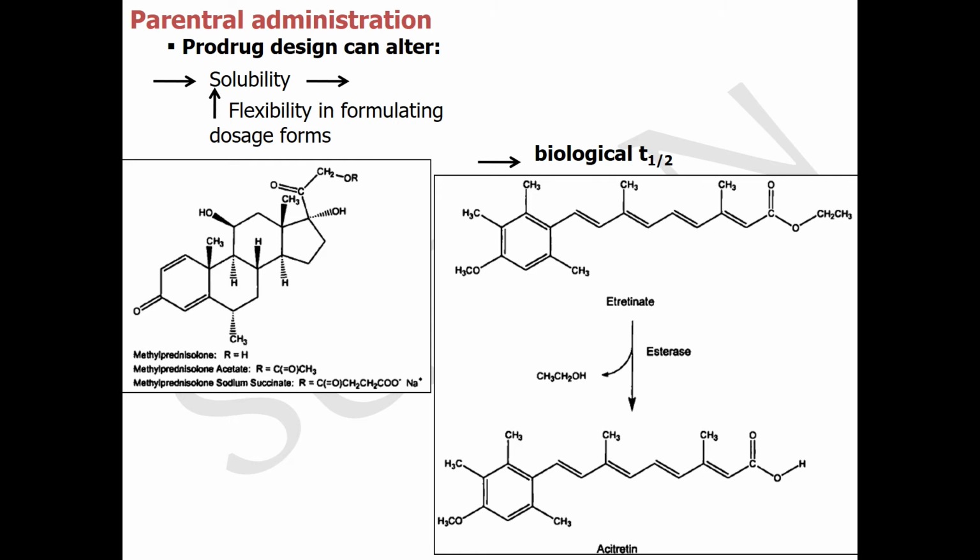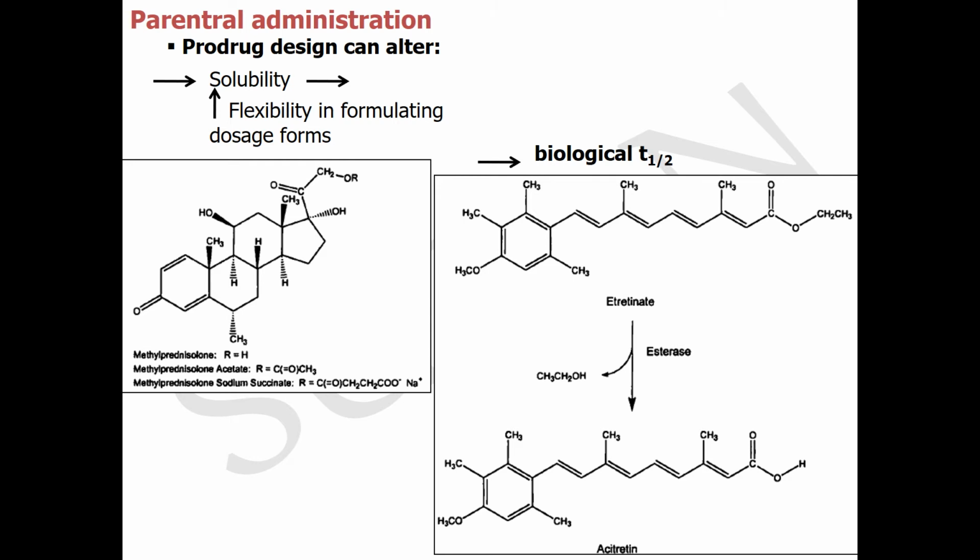Methylprednisolone acetate اللي هو highly insoluble can be used in ointment, topical ointment, and also sterile IM suspension for IM injection, while the methylprednisolone sodium succinate, which is water soluble, can be used for IV, IM dosage forms as well as oral dosage form.